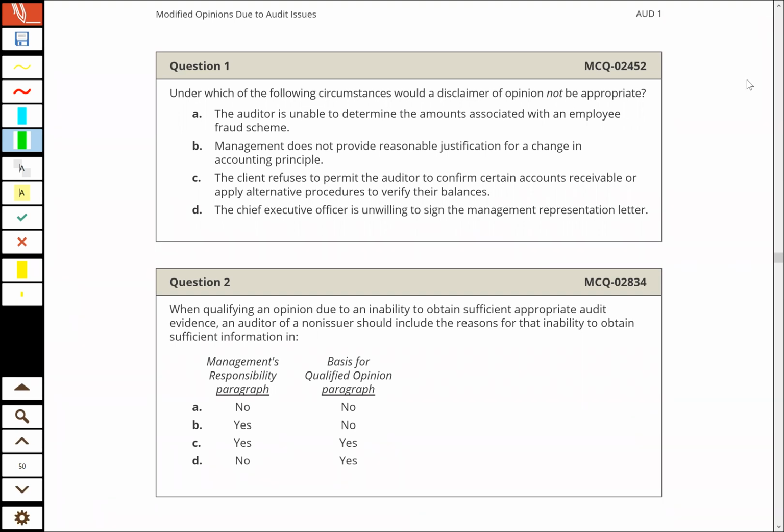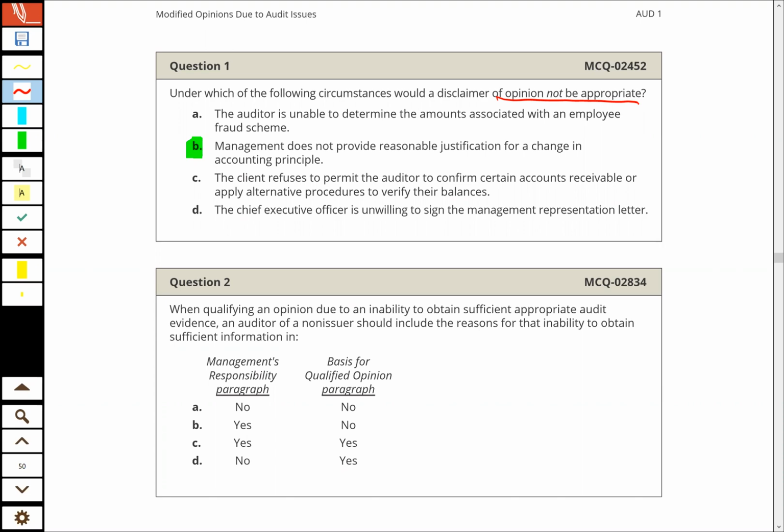So let's take a look at this question. We say, which of the following circumstances would a disclaimer not be appropriate? Now, if they're telling you a disclaimer is not appropriate, are we on the GAS side of the chart or on the GAP side of the chart?